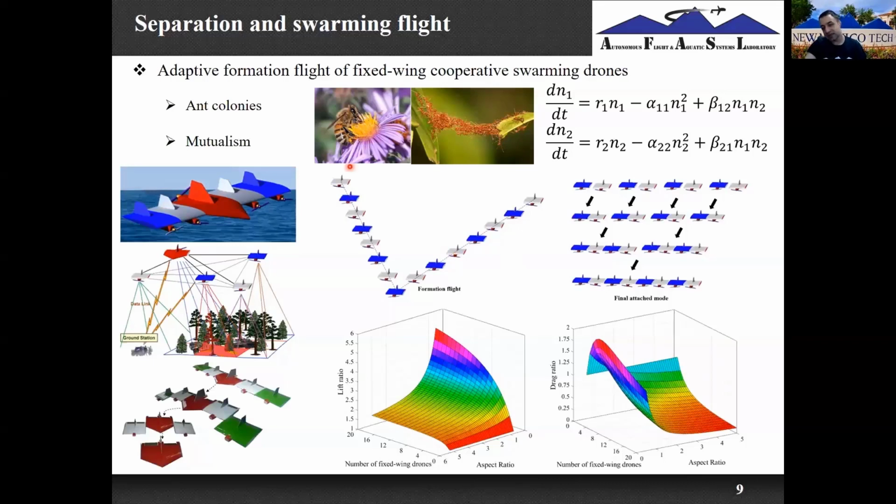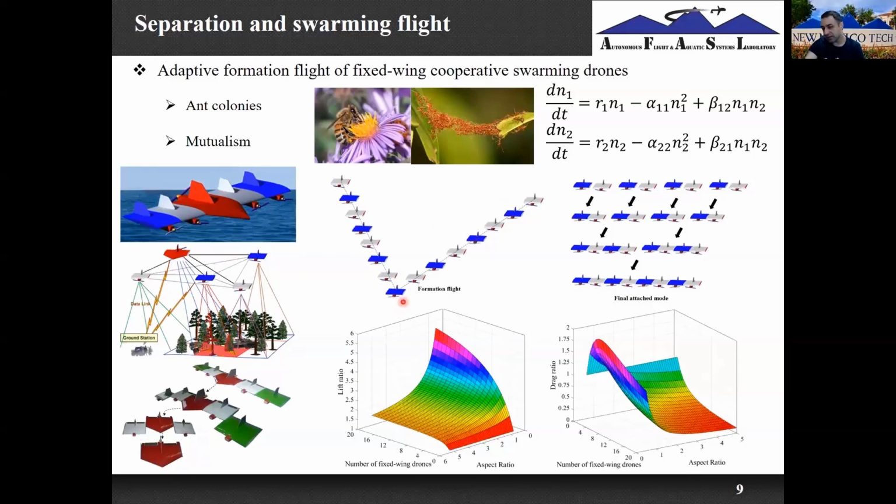Once these drones fly together, the drones in the middle have saved more energy. It means that they have more energy in their batteries, or they can fly more because they have tolerated less drag, since they have been in less consumption positions in the formation flight.